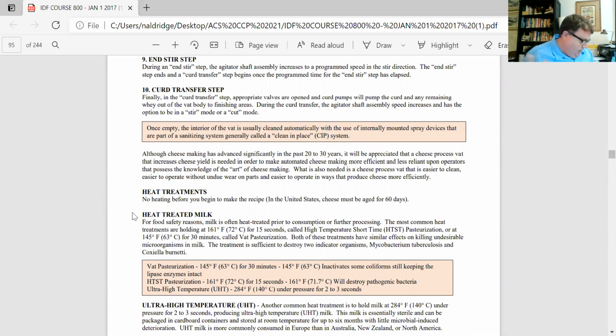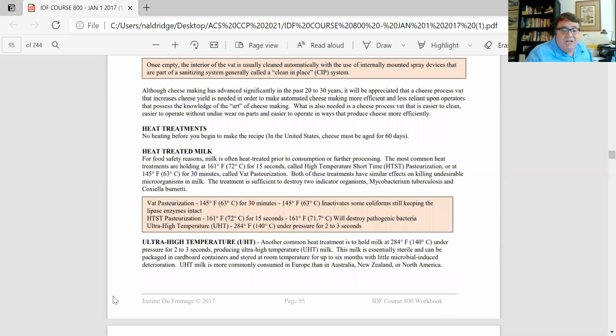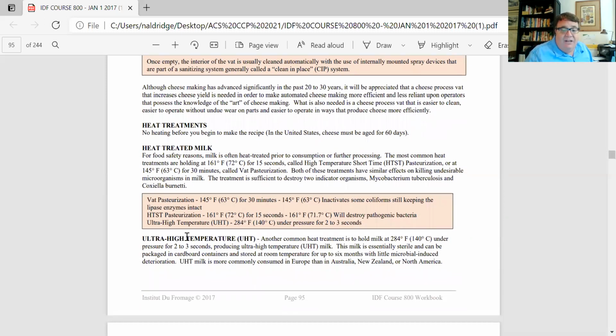So heat treatment of milk, highlight that. And this is where you get into a little bit more as far as vat pasteurization, HTST pasteurization, ultra high temperature. That's a good box to know right there. At the bottom of page 95, kind of helps shorten up that other box, basically. Then, of course, again, know the ultra high heat, high temperature right here, ultra high temperature, UHT.